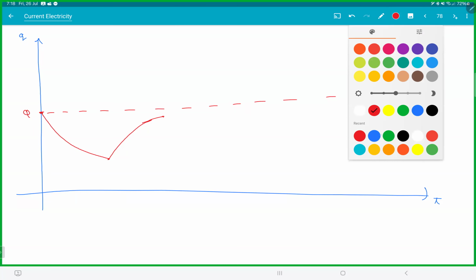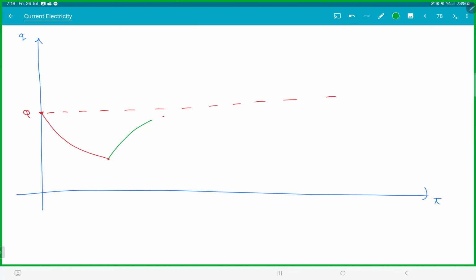Again, you'll start discharging. I'll just change the colors. So this is the charging part. Then again you will discharge. But the catch here is you won't discharge as much as before. You're getting it? Because for the same time interval, think of it like this. Let's say from here you discharged to half. Whatever is here will discharge to half of this value, no? And then again you will go up, you will charge up.